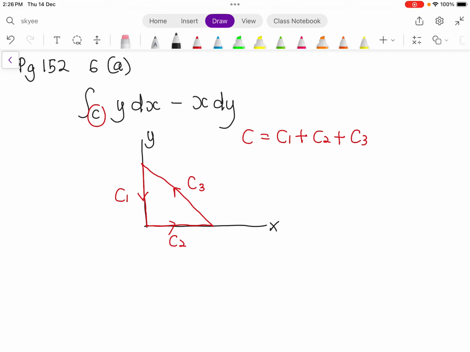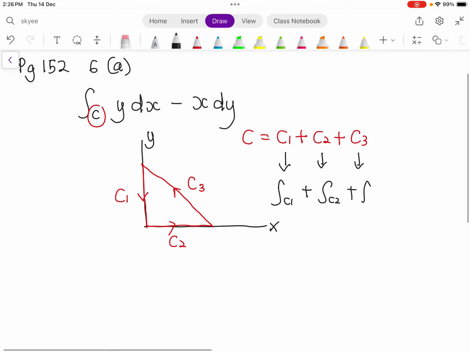What you have to do is the same as what you tried last week, but now you have to find the answer for each of the curves and then add them together. The answer will be the summation of the line integral from C1, C2, and C3, added together to get the total line integral.